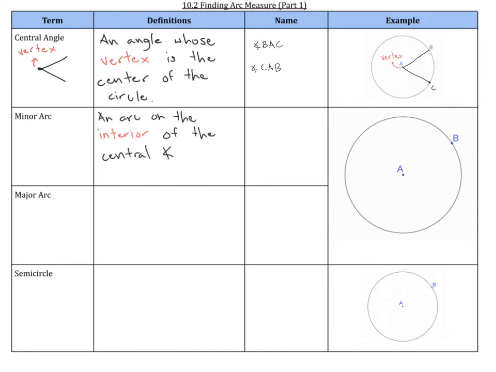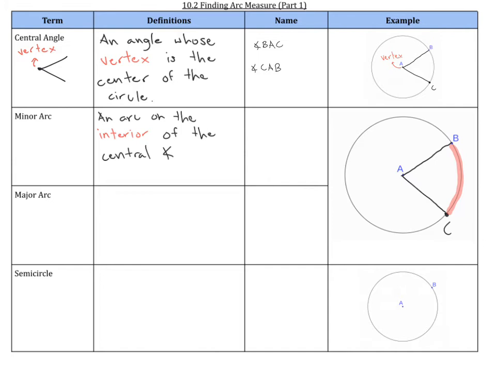So let's go ahead and draw a central angle. Once more, I'm going to connect A with B and draw a radius out from A. Call this point on the circle C. All right, and then the part of the circle that is on the interior of the angle, so that's this piece right here, that is our minor arc.